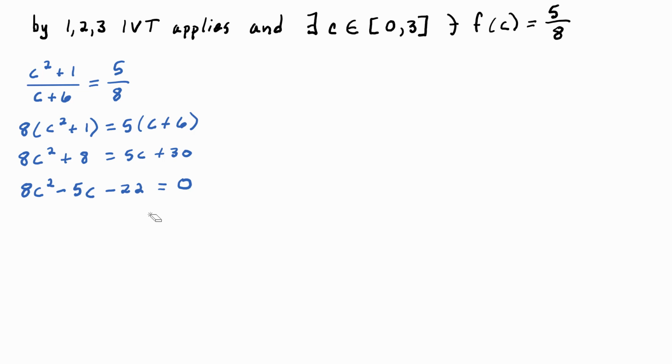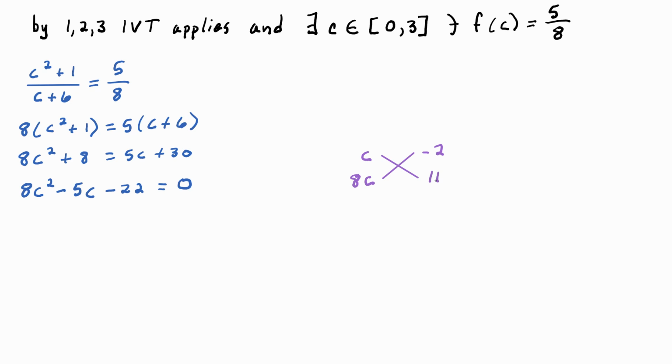So now we need to factor this, and you can do this by whatever factoring method you like. We know that 8C squared, we could take C times 8C, put in our little cross beams, and to make negative 22, we can go negative 2 times 11.